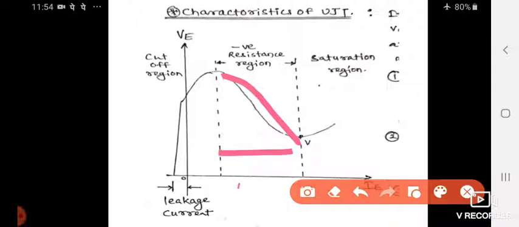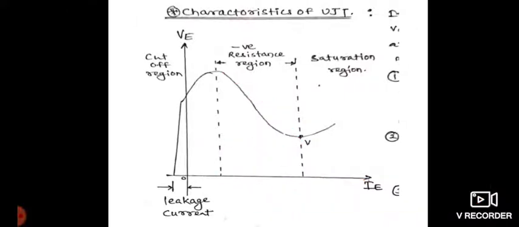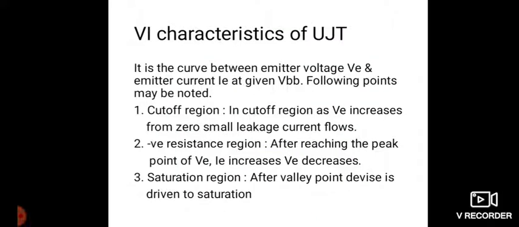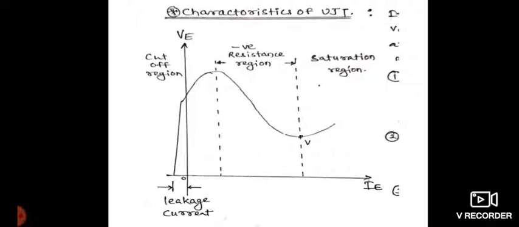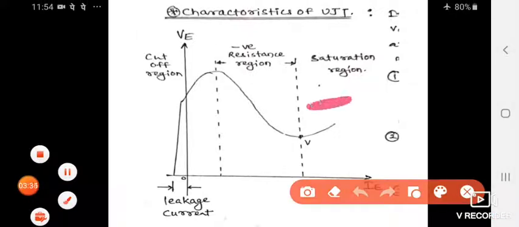The third point is the saturation region. After the valley point, the device is driven to saturation, or the device is switched on for operation. That is shown in this region here. This is the saturation region.